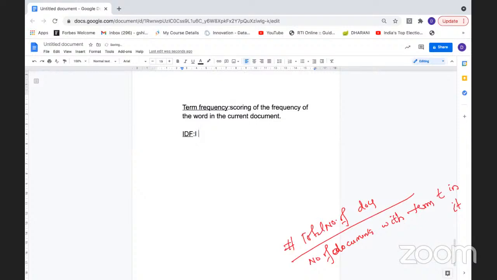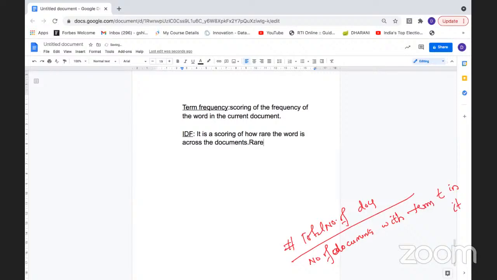How can you write this? It is a scoring of how rare the word is across the documents. The rarer the term, the more is the IDF score.